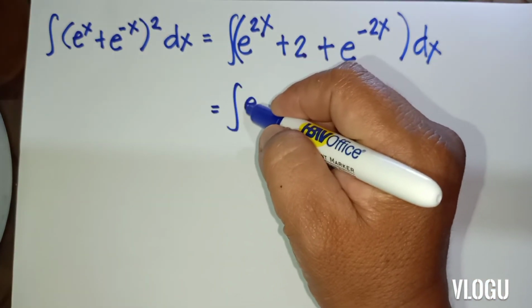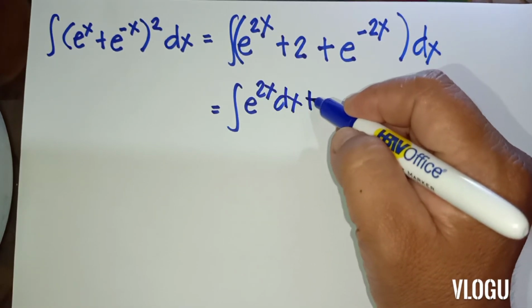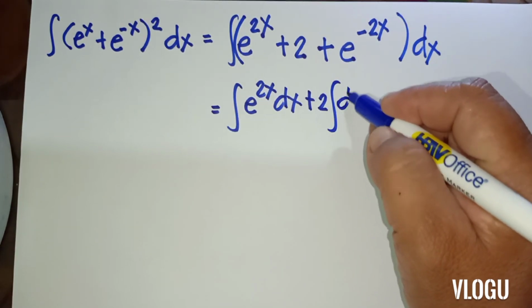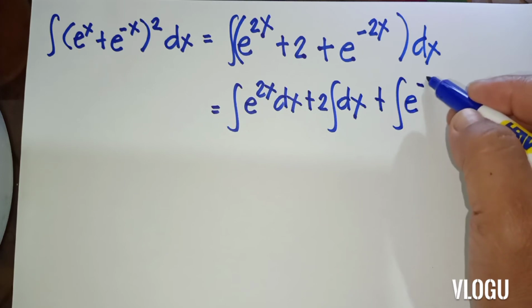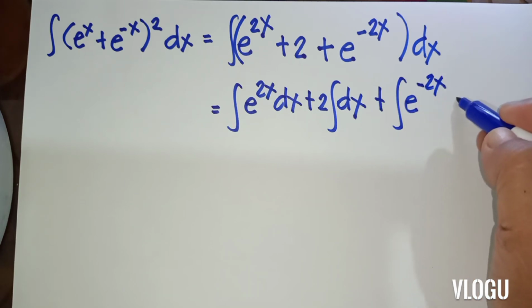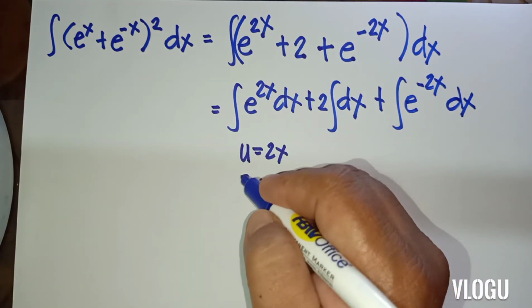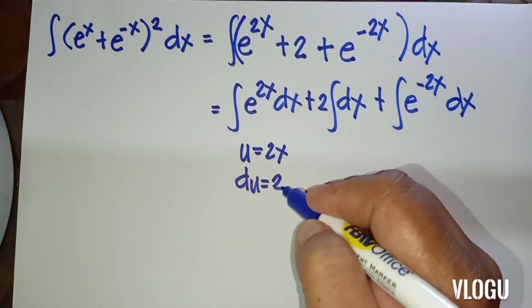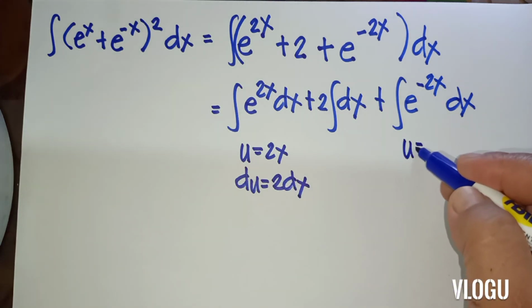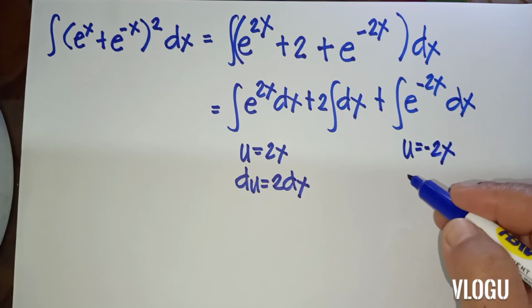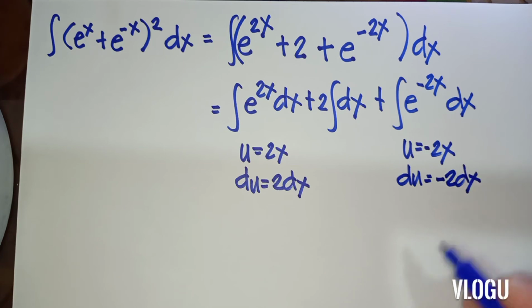The integral of e to the 2x dx plus 2 times the integral of dx plus the integral of e to the negative 2x dx. For the first, u is equal to 2x, du is 2 dx. For the last, u is equal to negative 2x, du is equal to negative 2 dx.